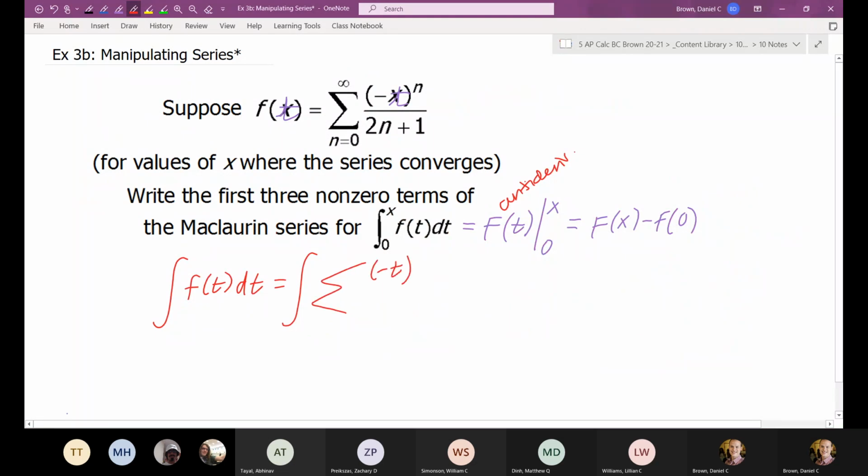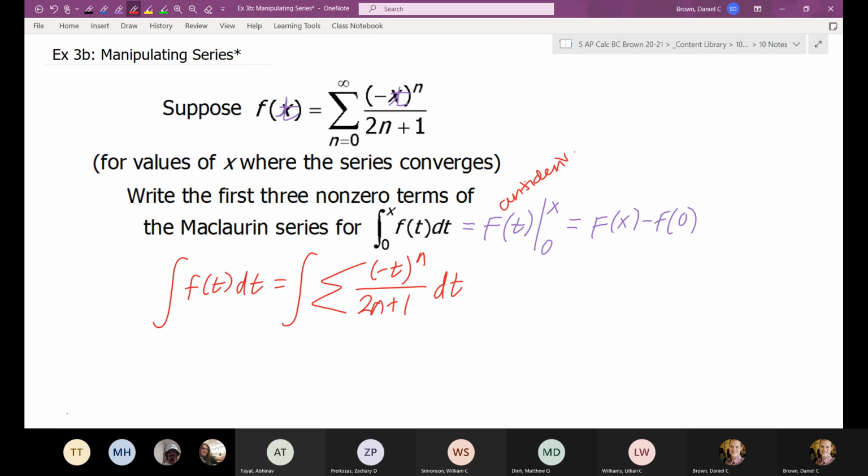I'm using negative t here just to keep my variables separated. I could do this the same way where I list out the first three terms and then integrate it, but sometimes for integrals it's easier just to talk about integrating the series. We are integrating this with respect to t, so any n we see, we are going to treat like a constant.